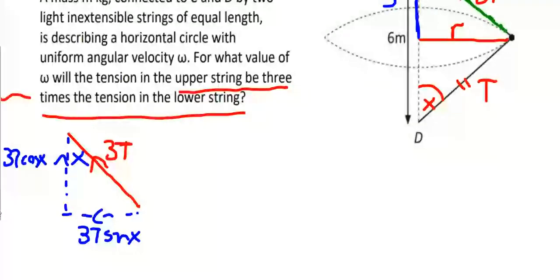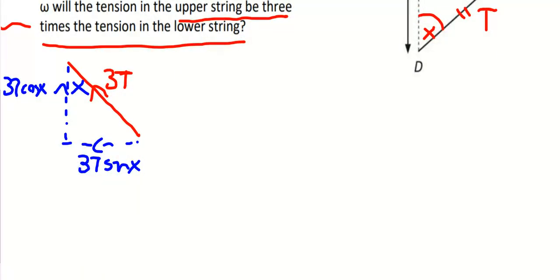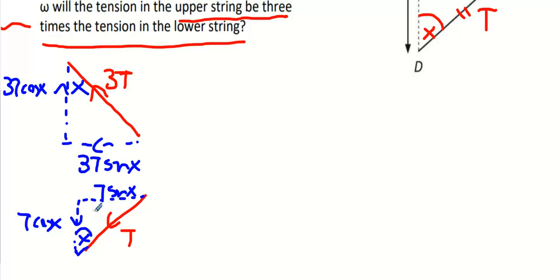Now, what about T then, the other one? What about this one here? What do we think? X is here, yeah. T sin x going in, yeah, absolutely. And then the other one? Going down, exactly.